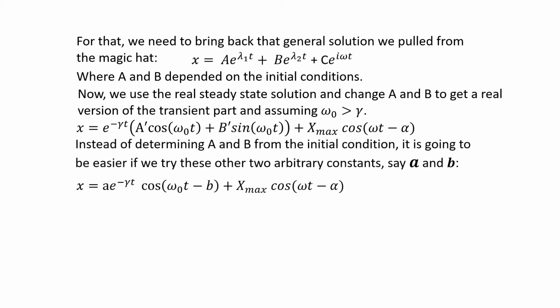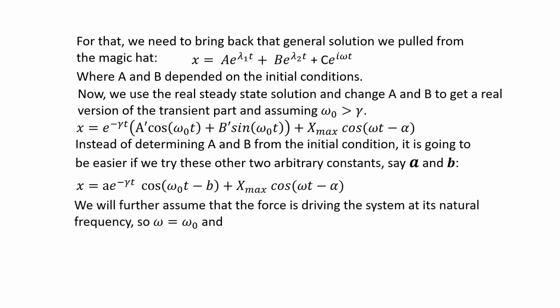Instead of determining A and B from the initial condition, it's going to be easier if we try two arbitrary constants, say A and B. We will further assume that the force is driving the system at its natural frequency, so omega will be equal to omega sub 0. And we get this.